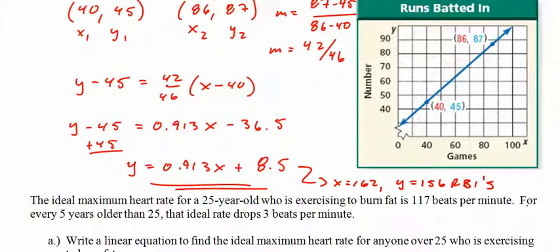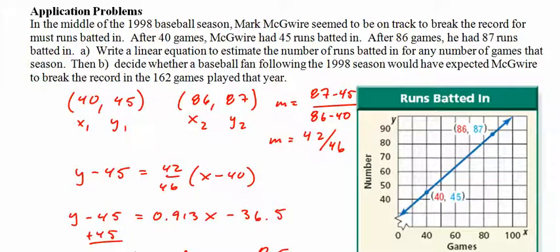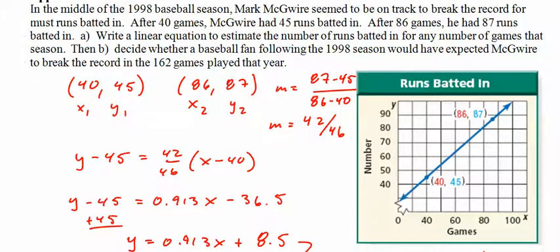Now, I don't know what the record is, but I don't believe he'll make it. Would help if they put that in here. Yeah, so we'd have to look it up.